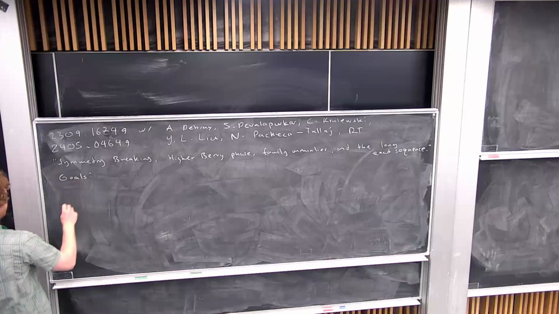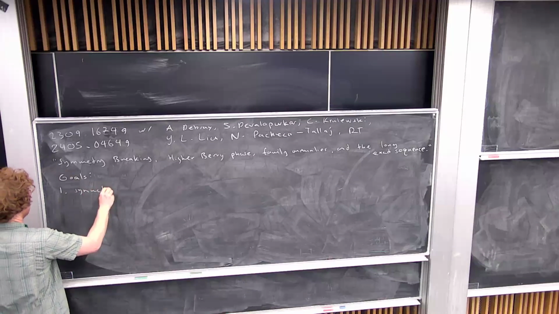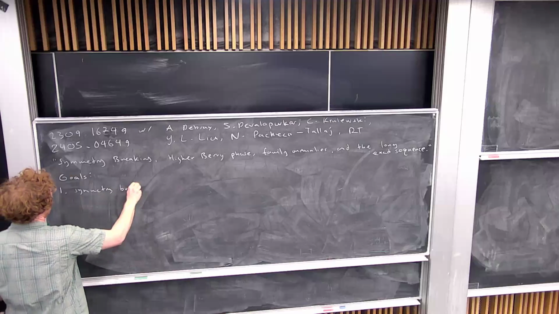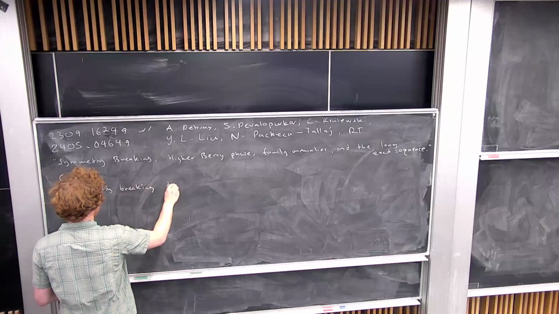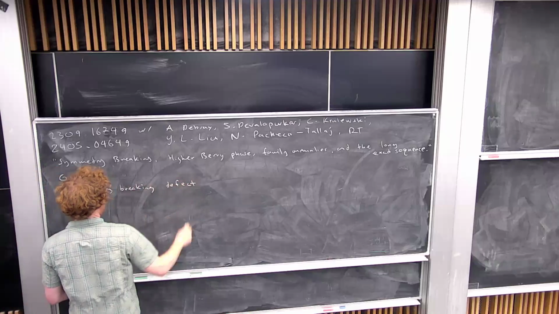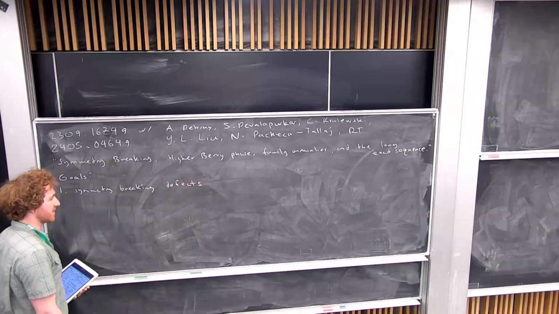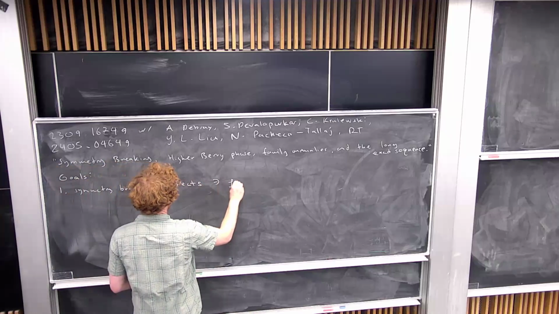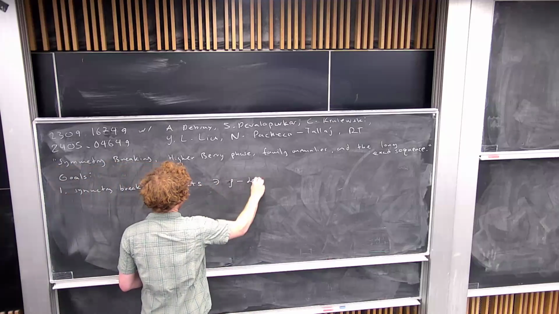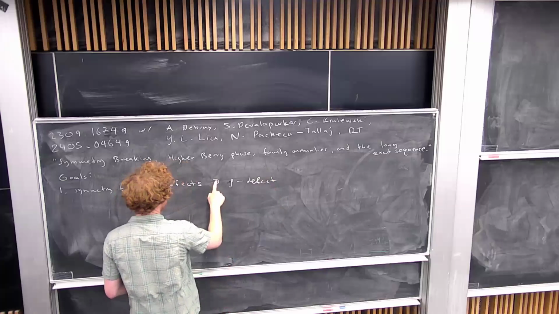So we're going to talk about symmetry breaking. And we're going to talk about a particular type of defect that occurs when you study symmetry breaking, called the row defect subset.